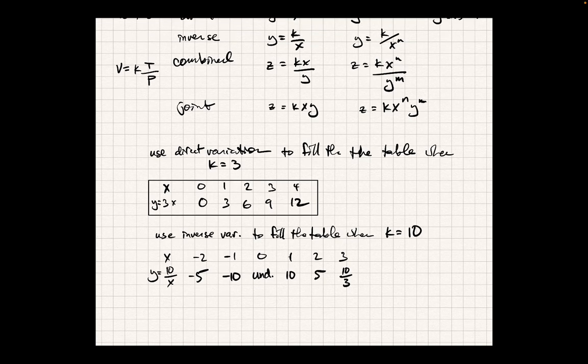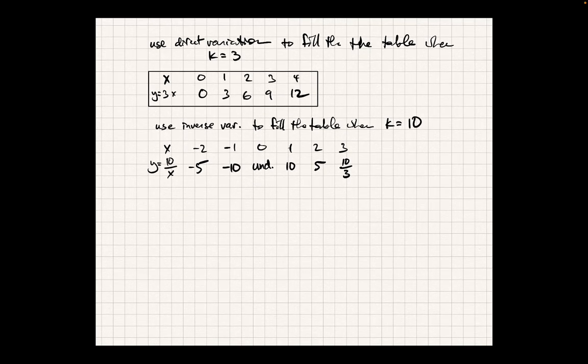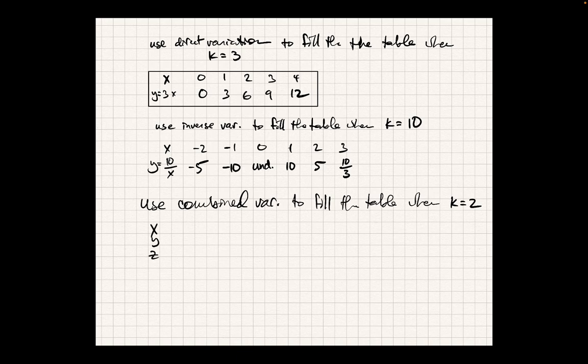All right, you pick. You want combined or joint? Combined. Okay. So use combined variation to fill the table when k equals 2. Now I'm going to have to think about what I want to do here. So x, y, and z.